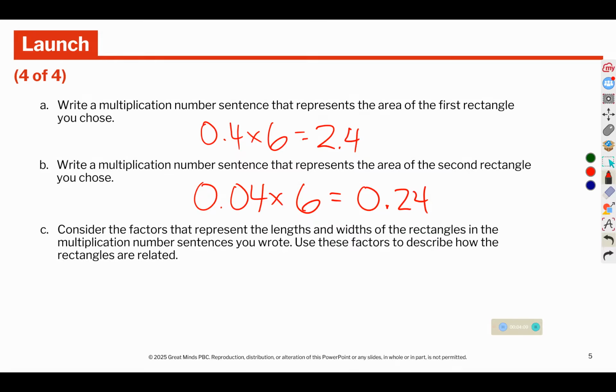C says consider the factors that represent the lengths and widths of the rectangle in the multiplication number sentences you wrote. Use these factors to describe how the rectangles are related. Remember, I changed the language from length and width to base and height. So the height is the same.